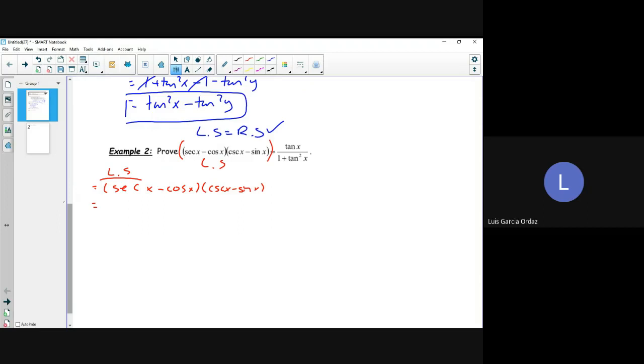Okay, so we're going to use the reciprocal identities. So secant x is 1 over cos x, and cosecant x is 1 over sine x minus sine x over 1. So what would our next step be?